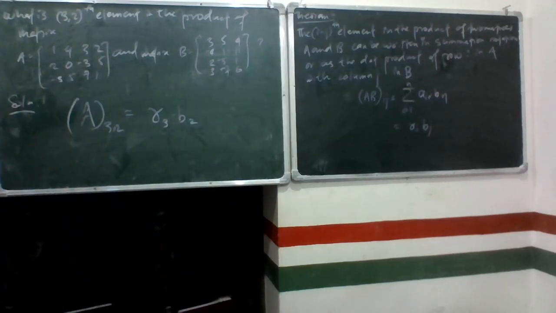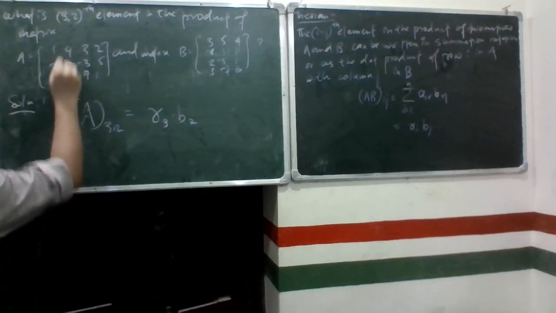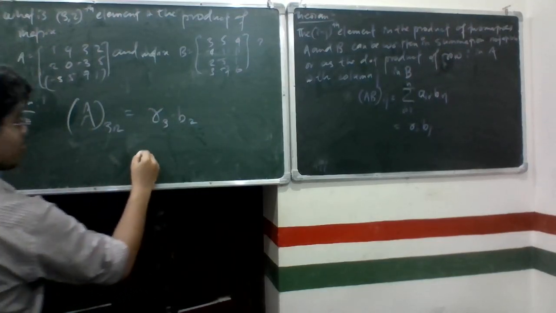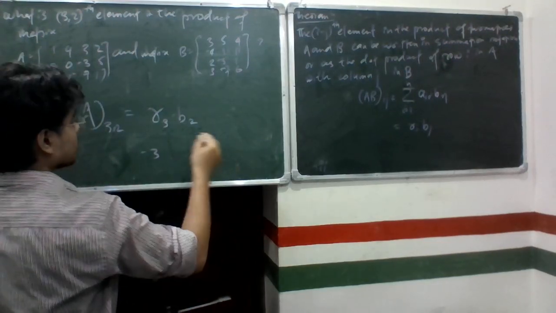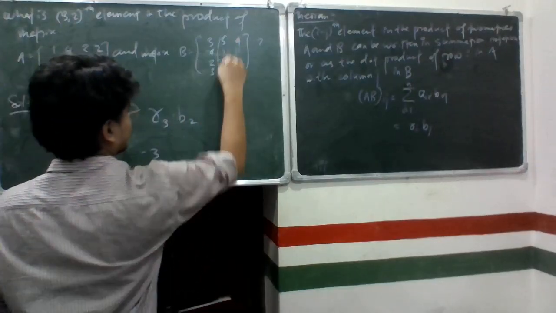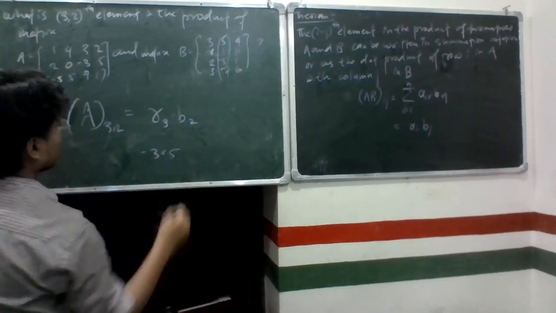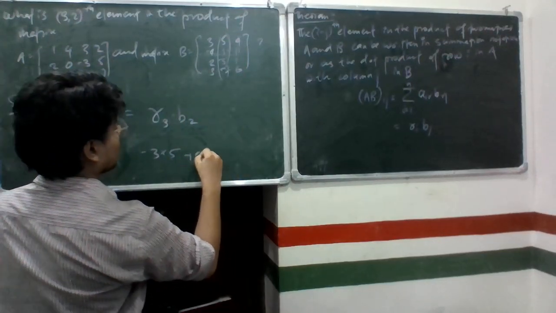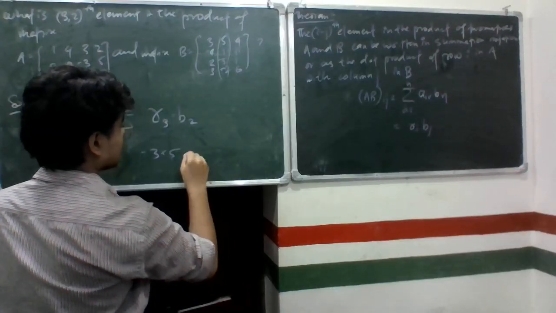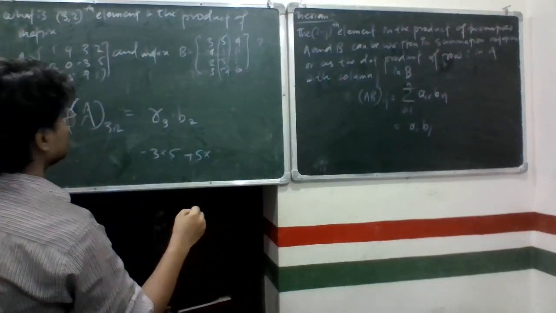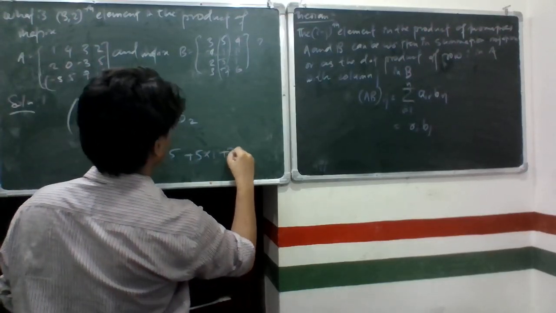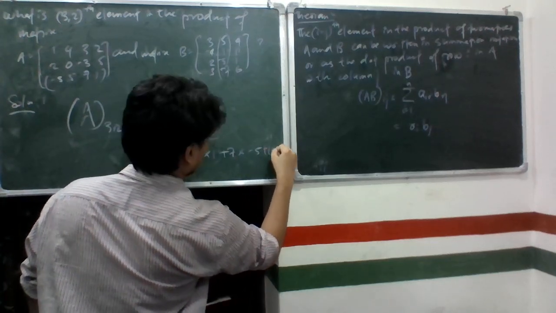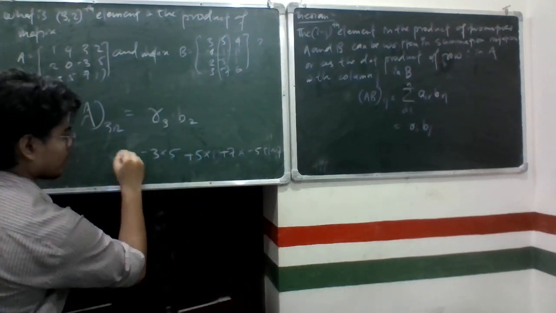The second column. What is the third row? 1, 2, 3. This is the third row. What is the second column? This is the second column. So dot product it. It's going to give us this.